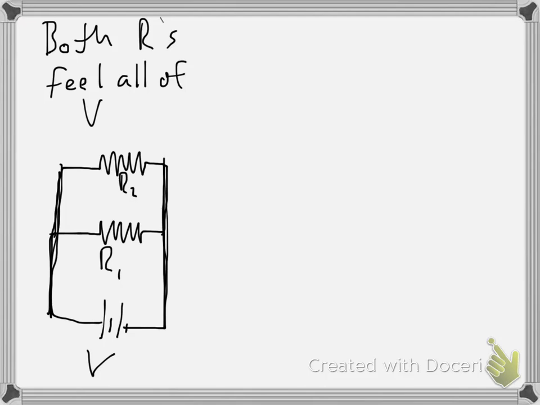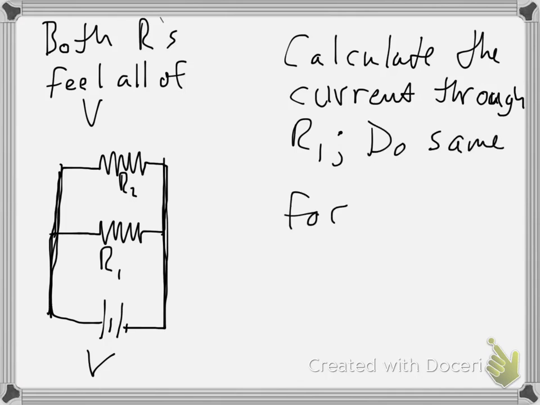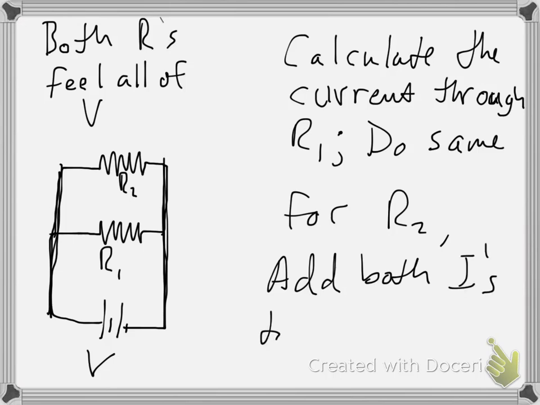And so what you can do is calculate the current through R1 and then do the same for R2 and then add both currents up to get I total.